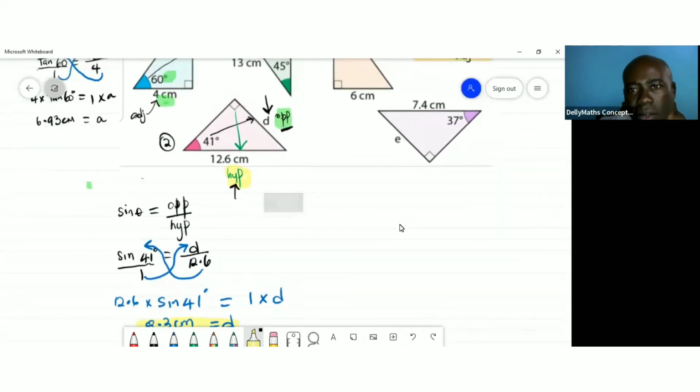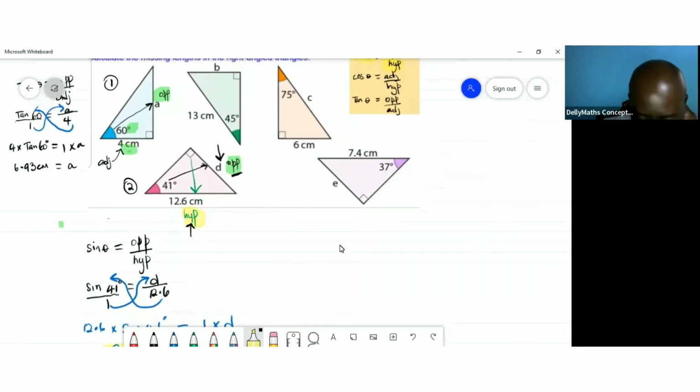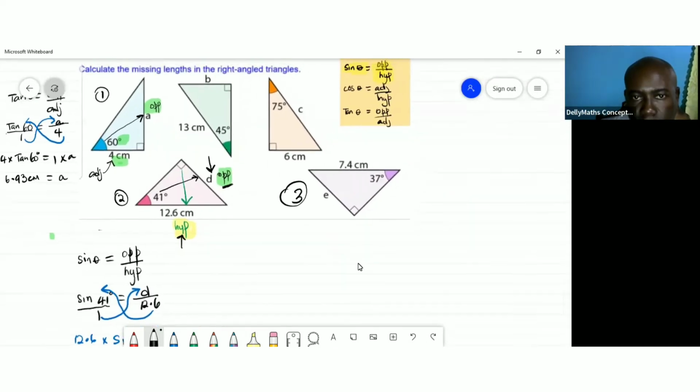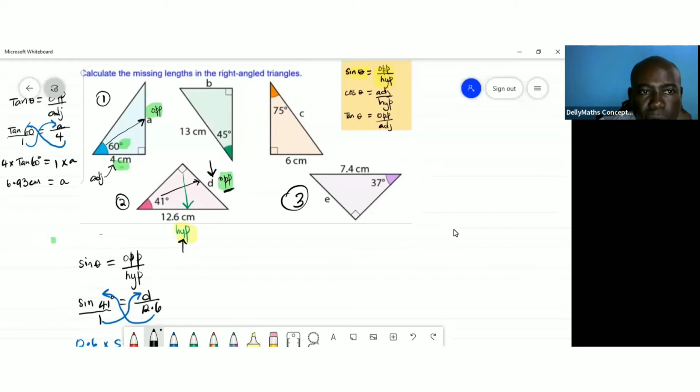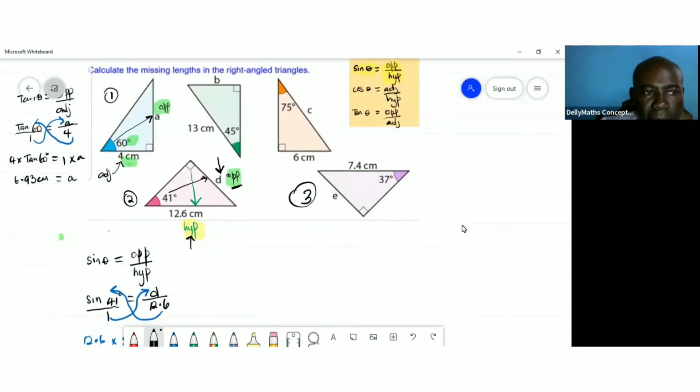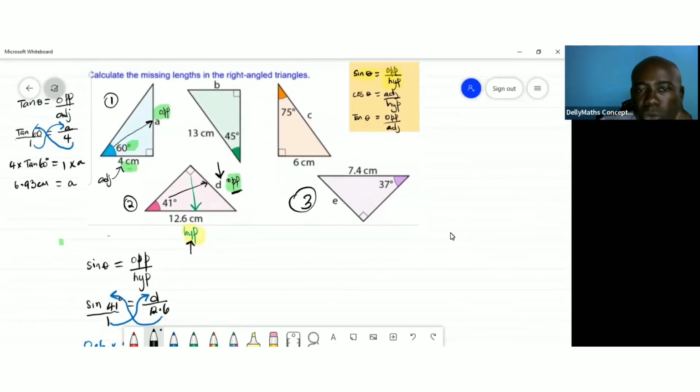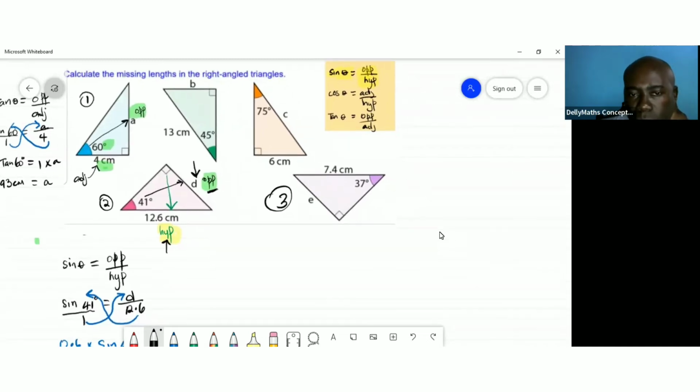All right, let's look at another one. We could look at number 3. So I'm going to call this number 3. Now, for this number 3 that we have here, we're finding E, and E is opposite to the angle.